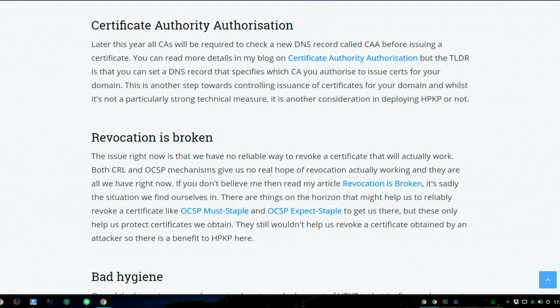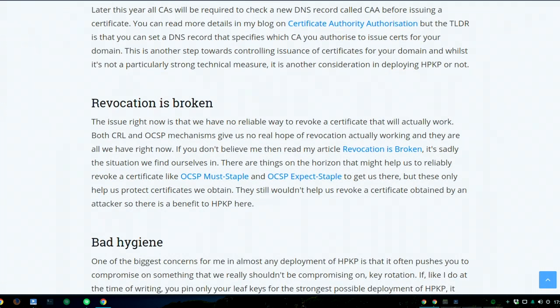So you just have to remember to do that before going to a new CA. Yes, that would be pretty important. Now, one of the things that he mentions is the next reason why HPKP should be retired. Revocation is broken.